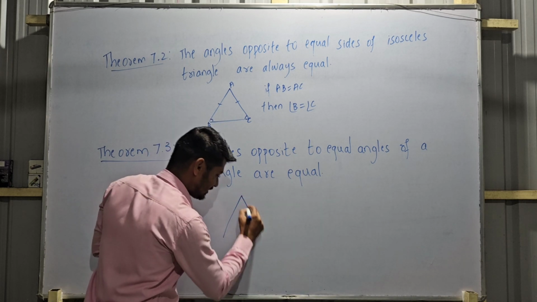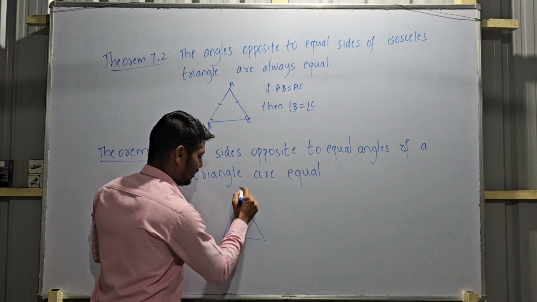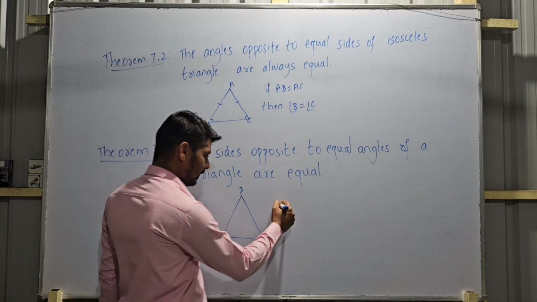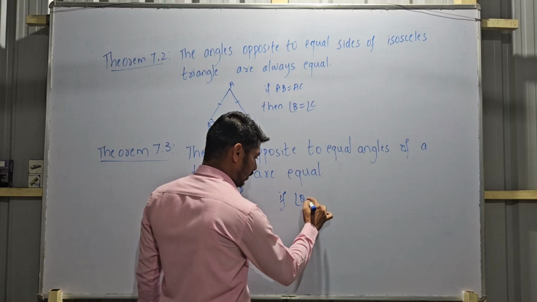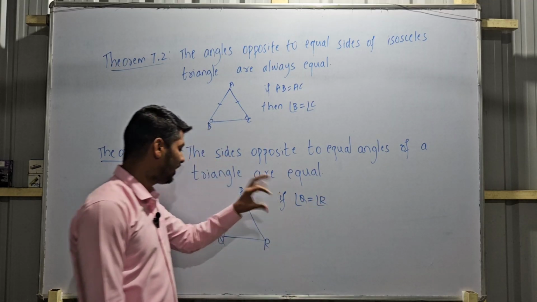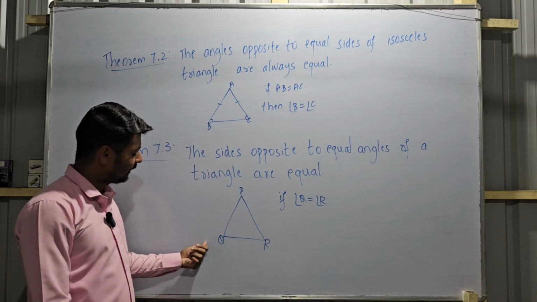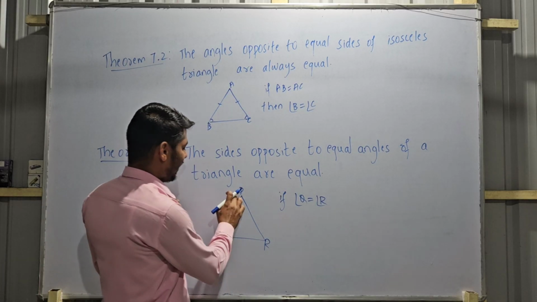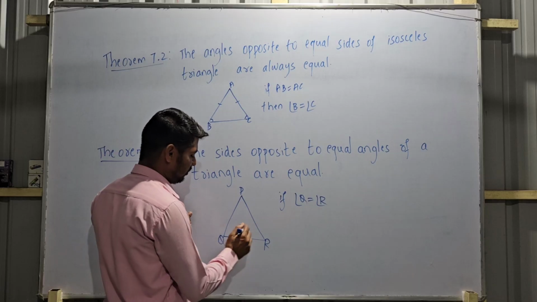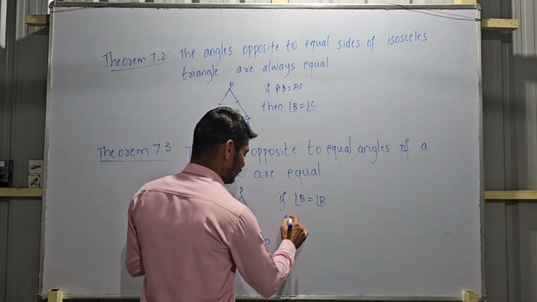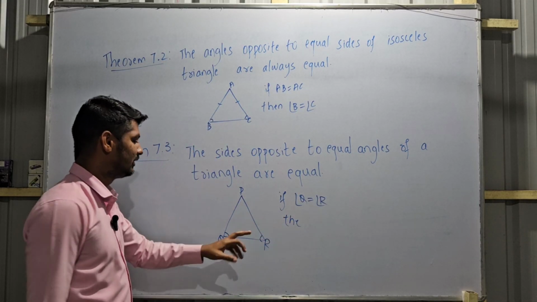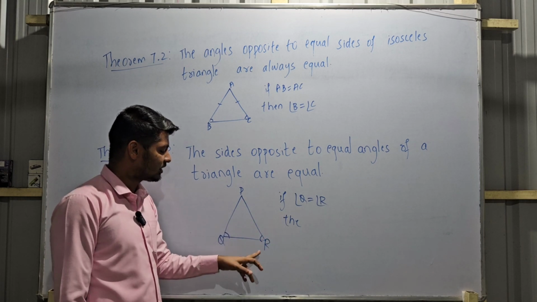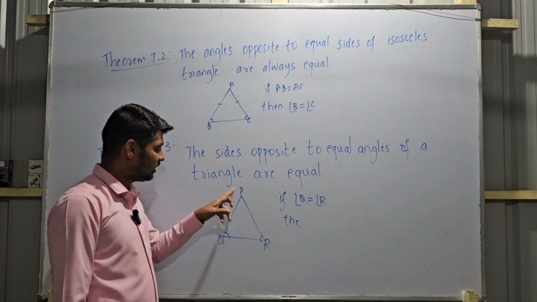For suppose there is a triangle PQR, and in this triangle, if angle Q is equal to angle R, or else you can take angle P equal to angle R, angle Q equal to angle P, whatever it may be. Irrespective of the order, here we have taken angle Q equal to angle R. Then the sides opposite to these angles, the side opposite to angle Q is PR and the side opposite to angle R is PQ.